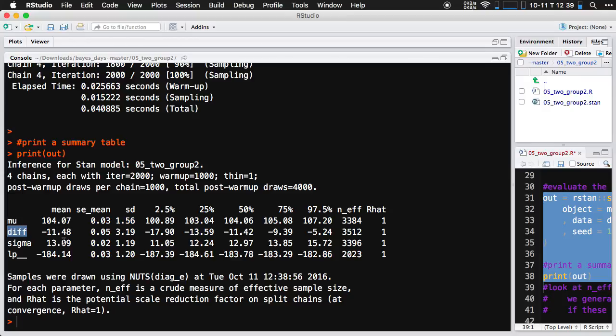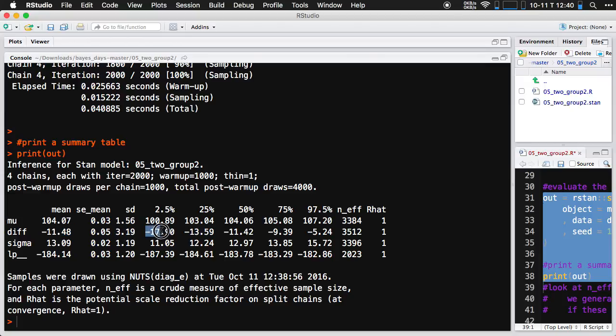But critically, the difference between these two distributions is now the thing we might be most interested in, as people who did some experiment, collected data, and want to know if there's an effect of our experimental manipulation. So we can see now that there's a distribution. We had our prior centered at 0 with a spread of 20. Now it's centered at about negative 11, and its spread is about 3.